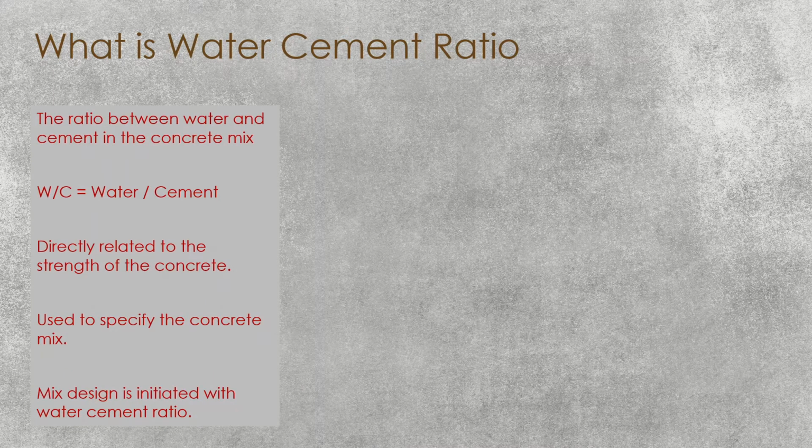What is the water cement ratio? Water cement ratio is the ratio between water and the cement in the concrete mix. This ratio has a direct relationship with the concrete grade or the concrete strength.